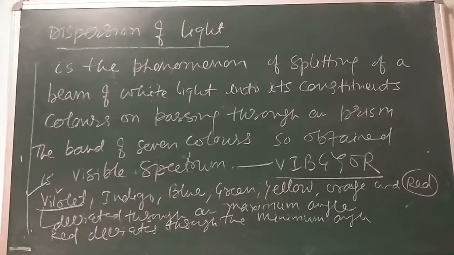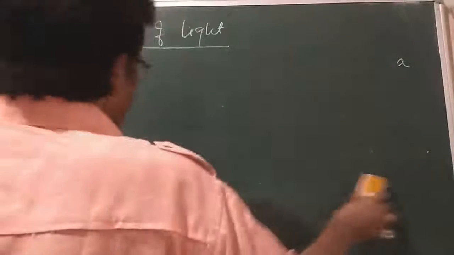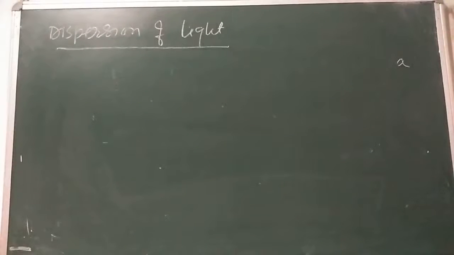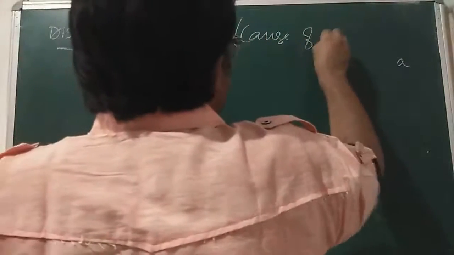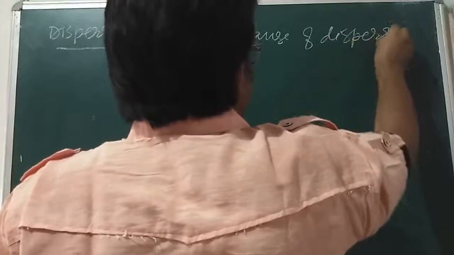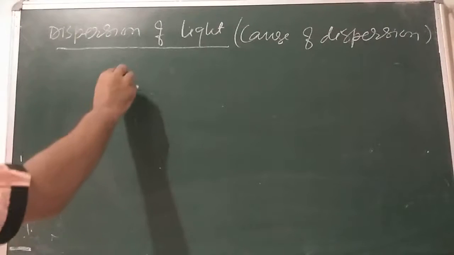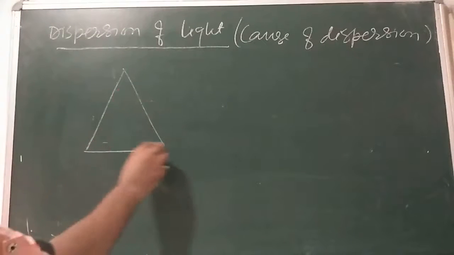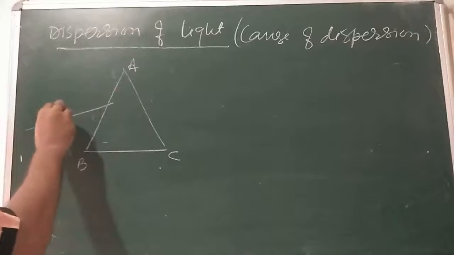Now, what is the cause of dispersion? Just we are discussing here. Dear children, this is our front section of prism ABC, in which white light is coming through one face.